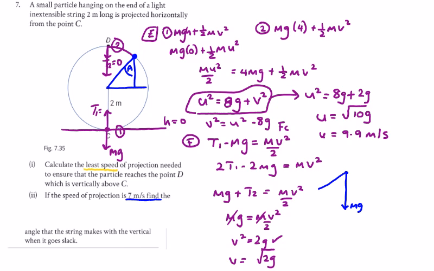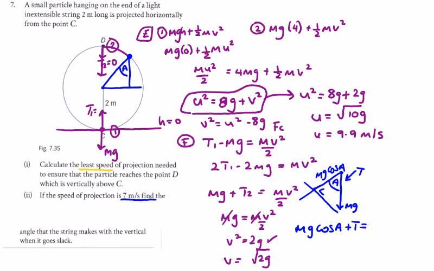And if we make mg the hypotenuse, I have my right angle here. My A towards the center, I have mg cos A. And I have tension in the string, but it's going to go slack. So I'm going to have mg cos A plus T, but it's going to be 0, equal to mv squared over r, which is mv squared over 2.